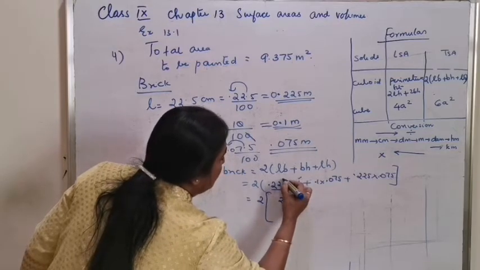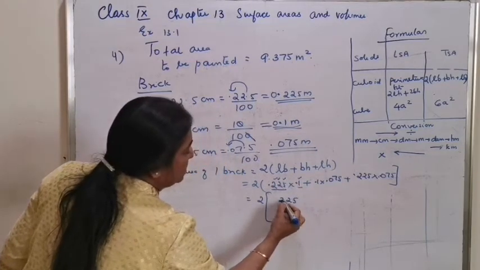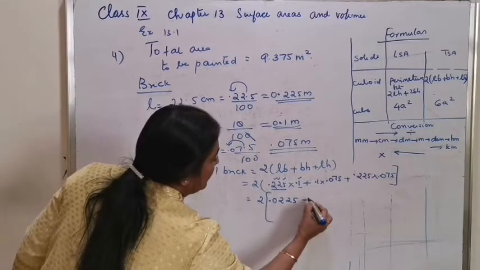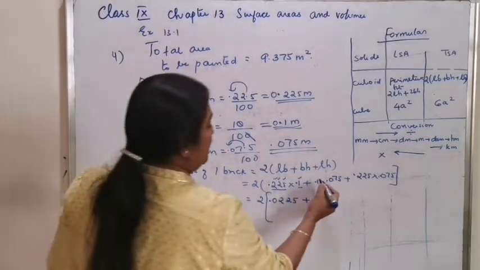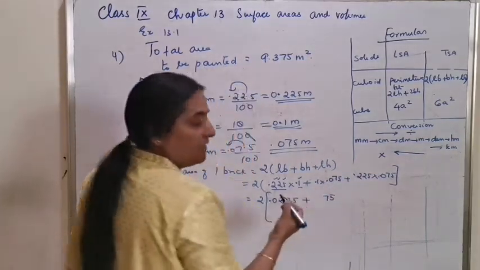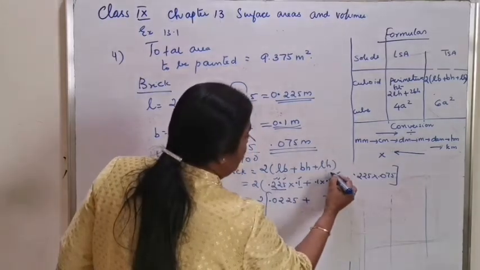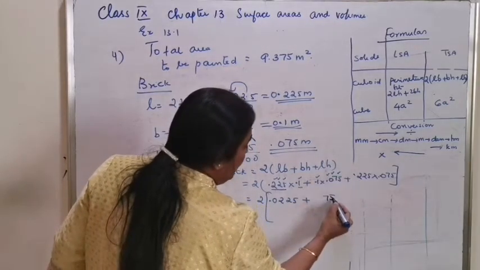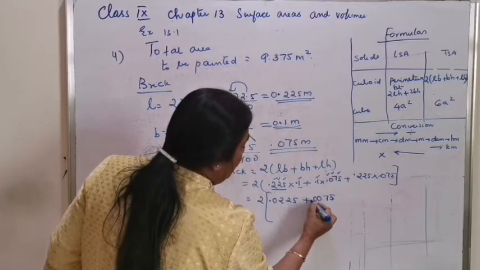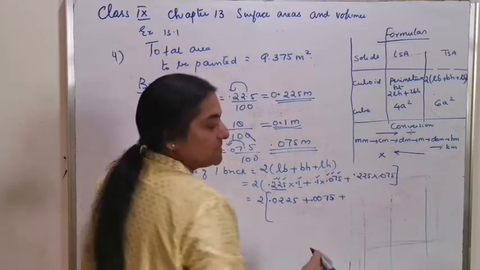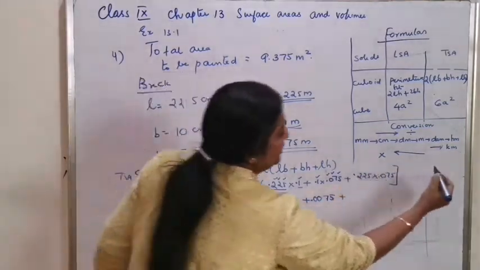What is 225 into 1? 225, with 1, 2, 3, 4 decimal places. Plus, what is 1 into 75? 75, with 1, 2, 3, 4 decimal places. Plus, what is 225 into 75?